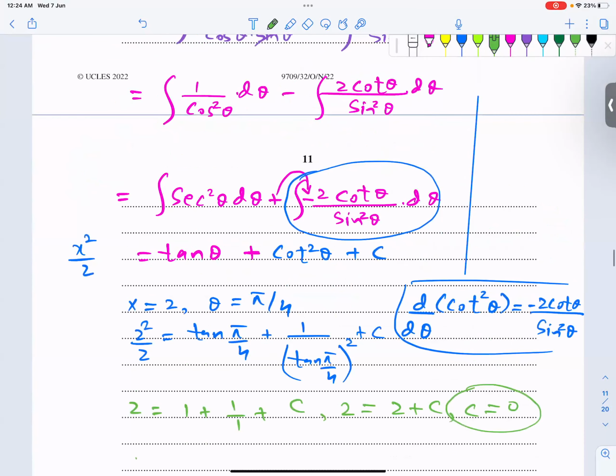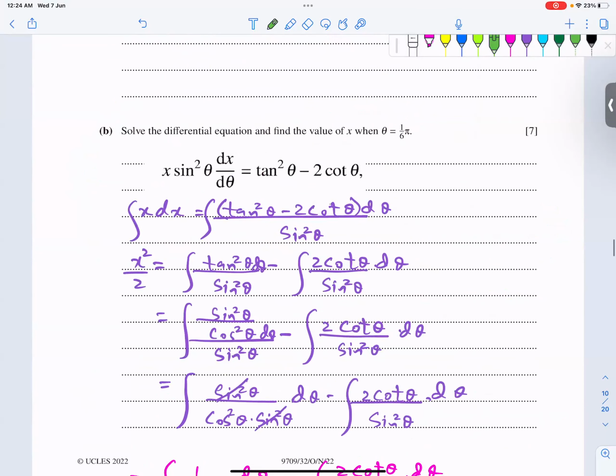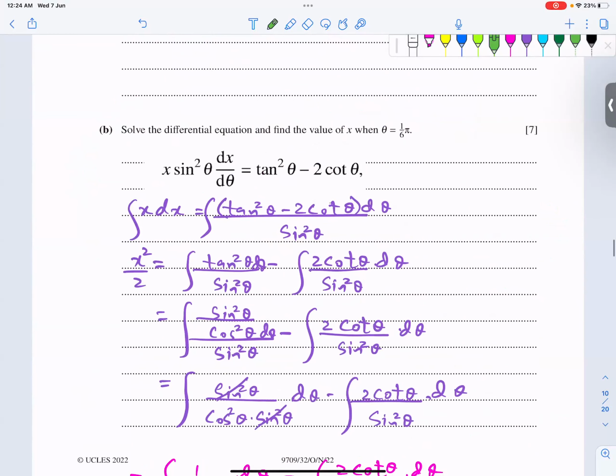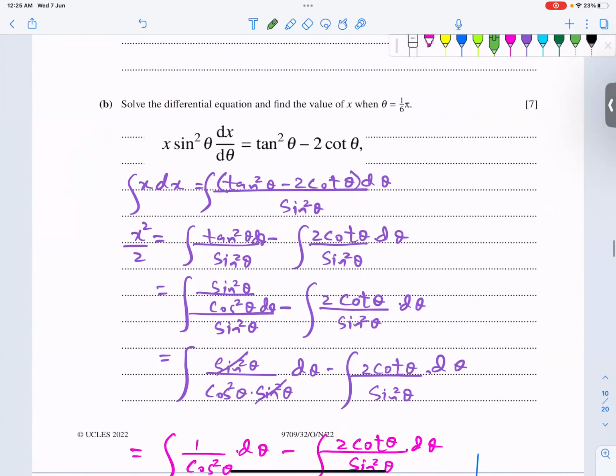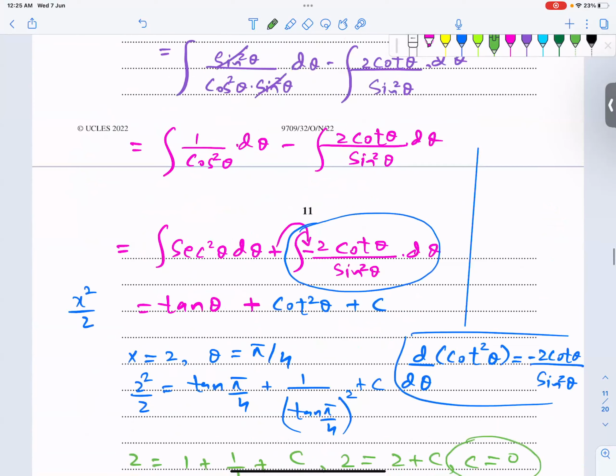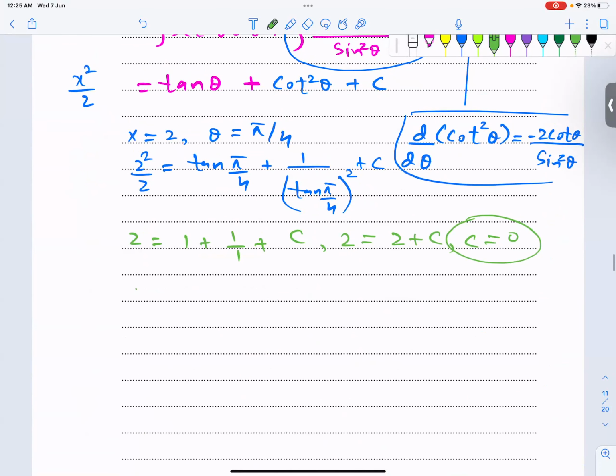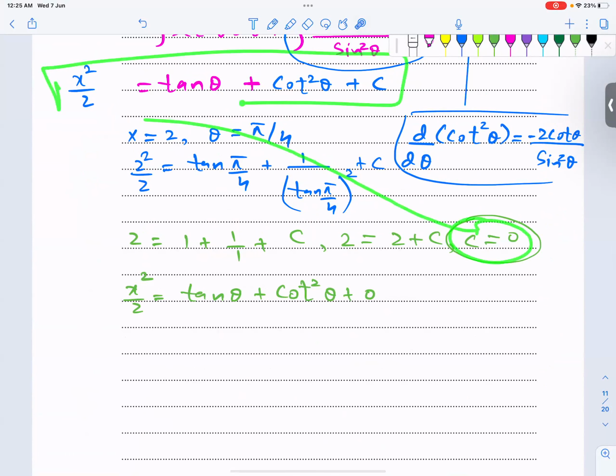Now solve the differential equation and find the value of x when theta is equal to pi by 6. So now put c here: x square over 2 is equal to tangent of theta plus cot square theta, plus 0. Just put c is equal to 0 in this part.